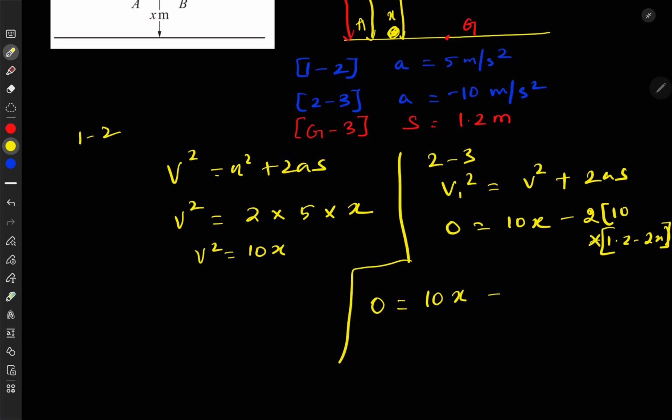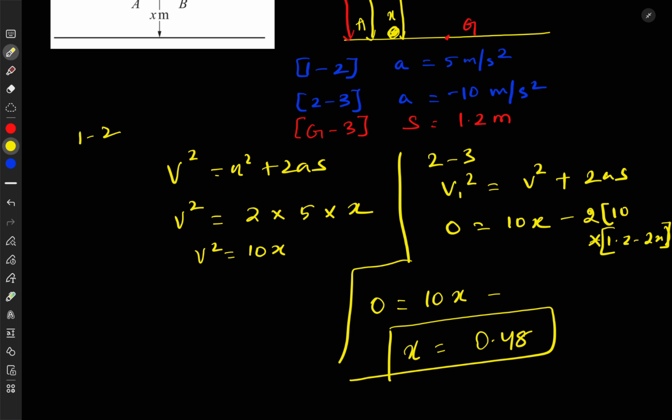So 20 into 1.2 is 24, and here it will be 20 into 2x. 20 into 2 will be 40x. And x will be 24 divided by 50.